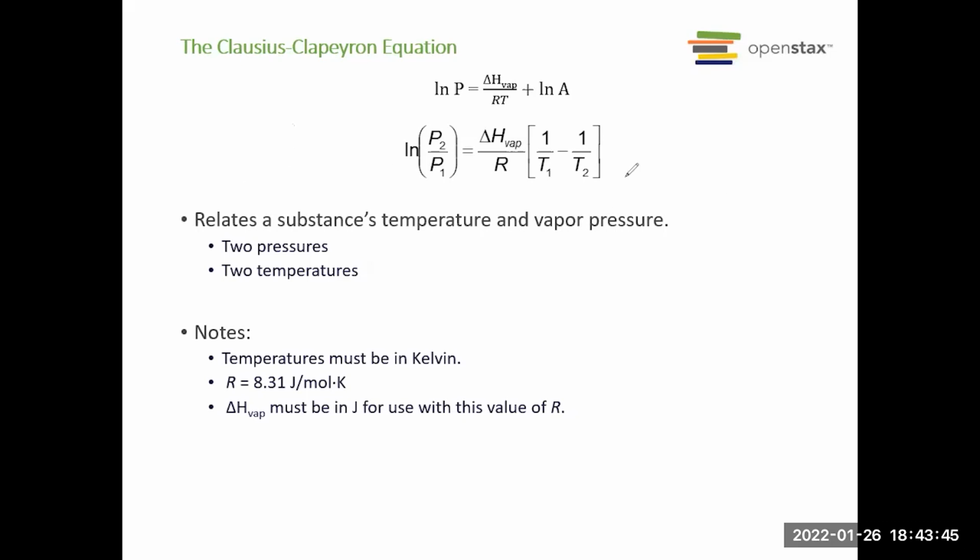So the natural log of pressure is equal to the enthalpy of vaporization divided by RT. R is the ideal gas constant, which in this case is 8.31 joules per mole Kelvin. You're going to ask me why, so don't worry about it. I'll give it to you in a minute.